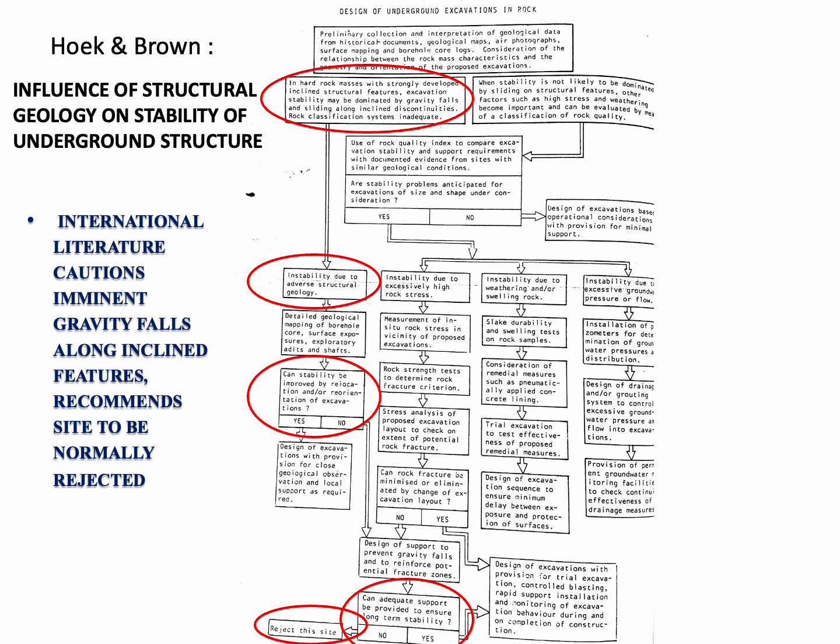So this is very important information, which I'll later connect to the case study: in hard rock masses with strongly developed inclined structural features, relocation needs to be a first resort to improve the stability.